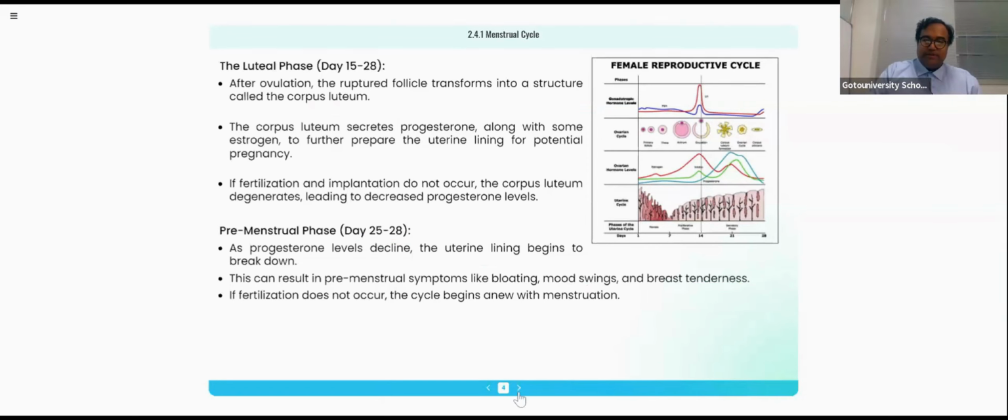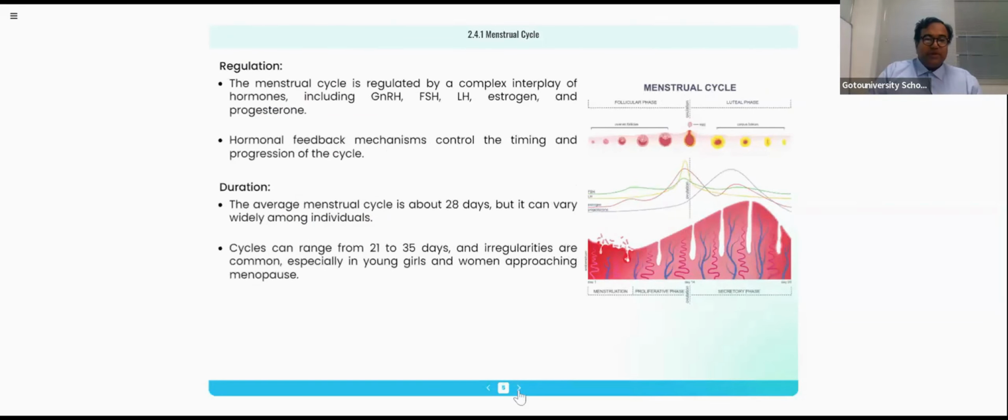Now we are coming for the second segment, the regulation. Basically, the menstrual cycle is controlled by the GnRH, FSH, LH, and estrogen and progesterone. All these hormones are the control factors, right? So if these hormones' influence is coming down, or if it is getting less in quantity, then what will happen is the menstruation cycle is deviated, diverted.